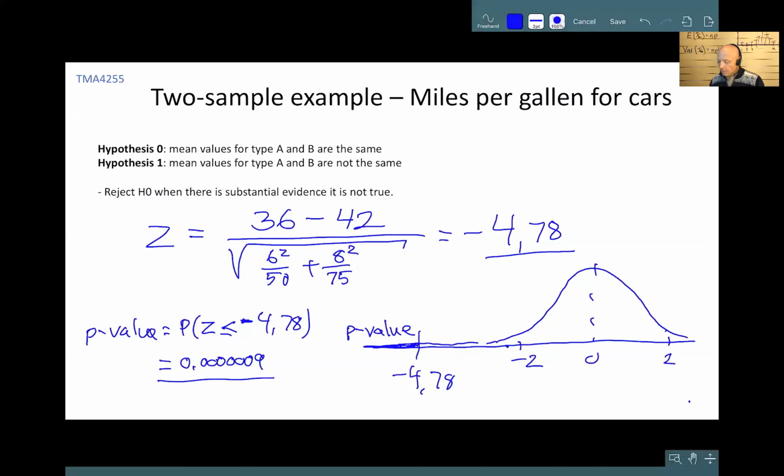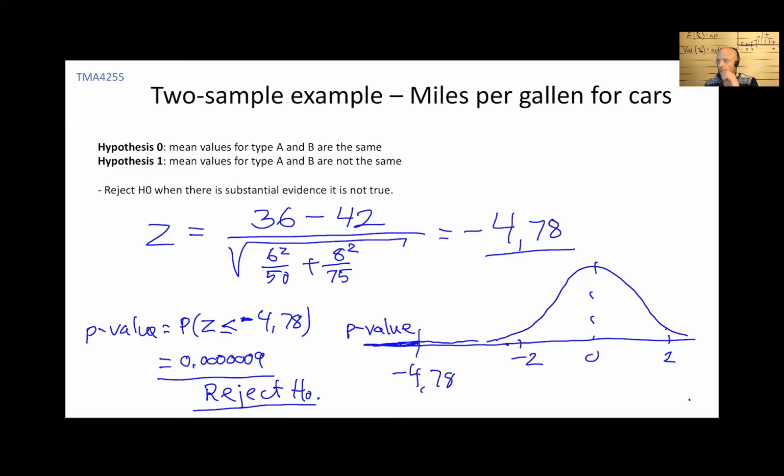So in most situations, we would clearly reject hypothesis H0. We would say that, okay, this is not random variation. In this case, type B runs more miles per gallon than type A. So that's how we do two sample tests when we know the variance and when we assume Gaussian distributed samples.